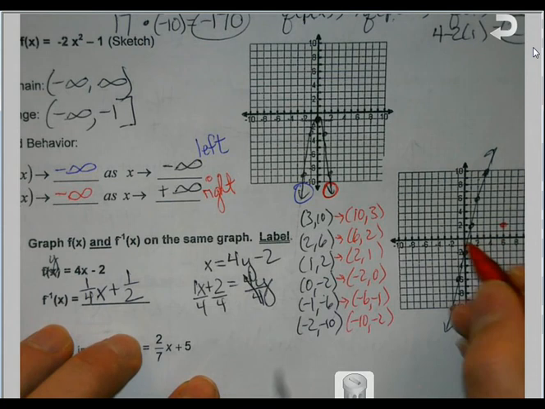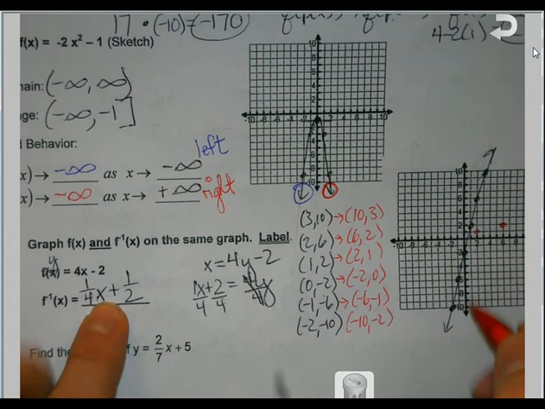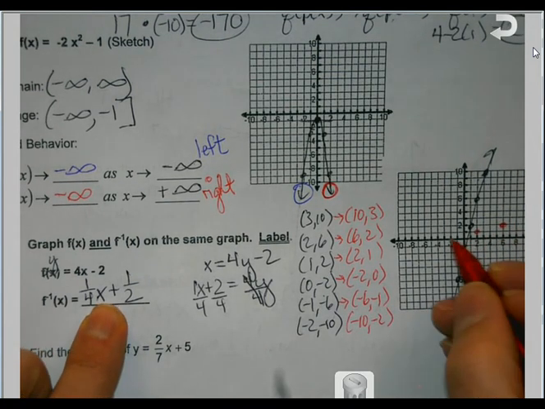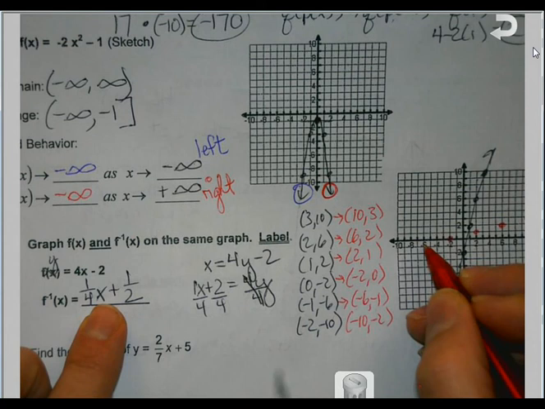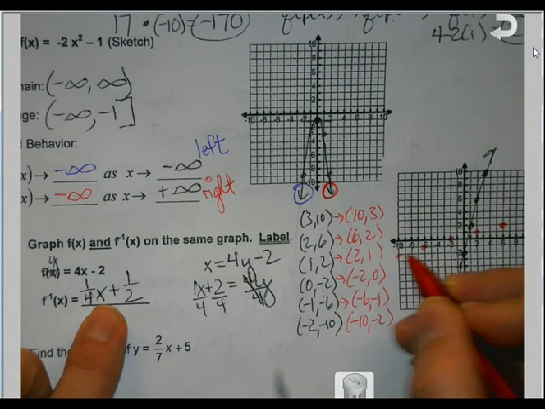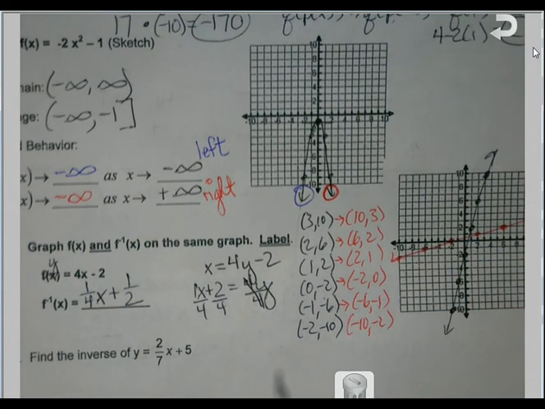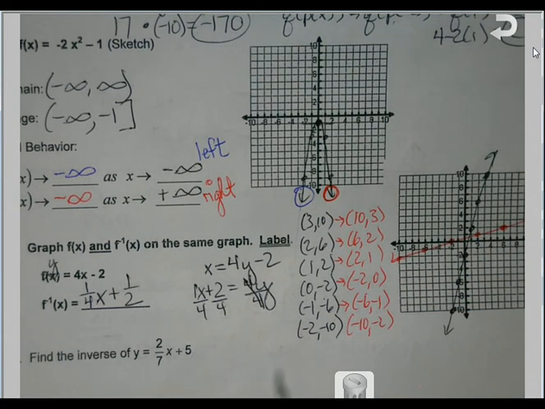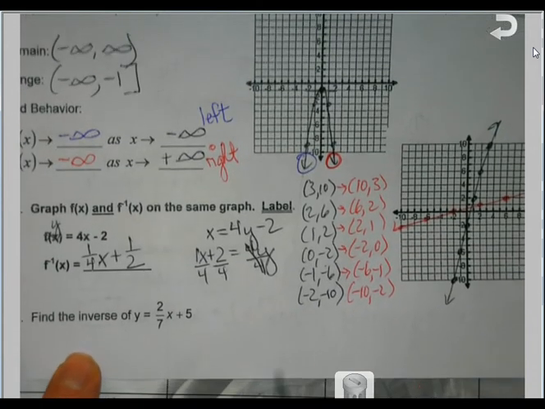Now again, if you're comfortable using the slope-intercept form, then do it. But otherwise, that's the other way I can get the inverse graph of what I have. Just an option.